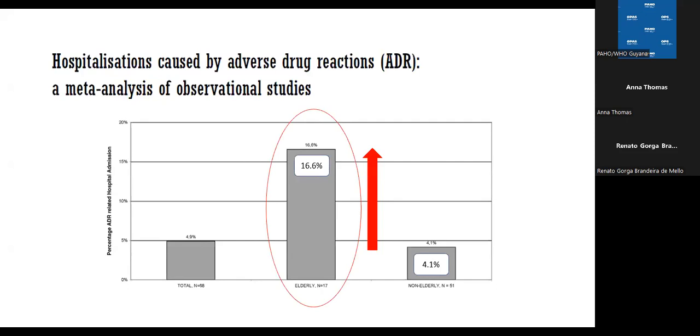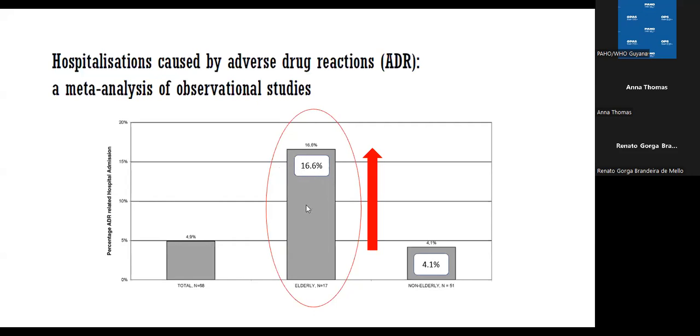However, this number increases a lot, a fourfold increase, because older persons use more medication and are more vulnerable to iatrogenic events.